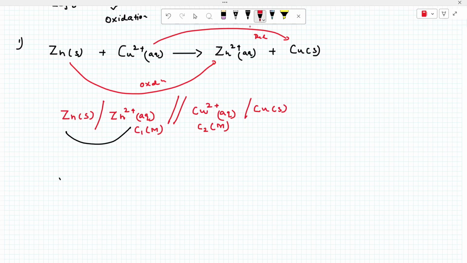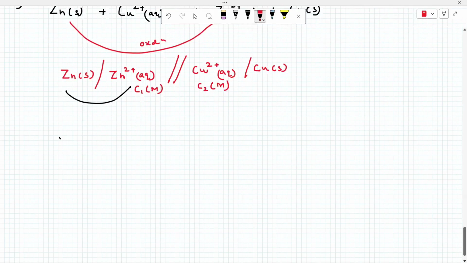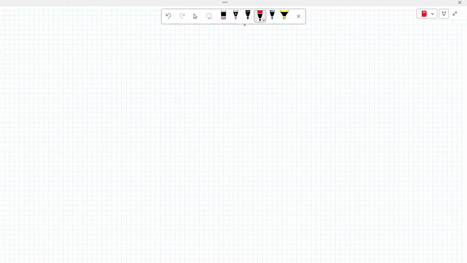Let's see the next one. Now see this reaction, second question. Zn solid plus 2H plus aqueous gives Zn 2 plus plus H2 gas.